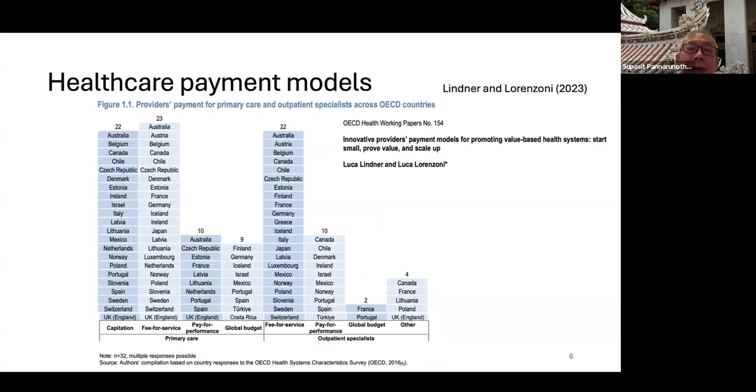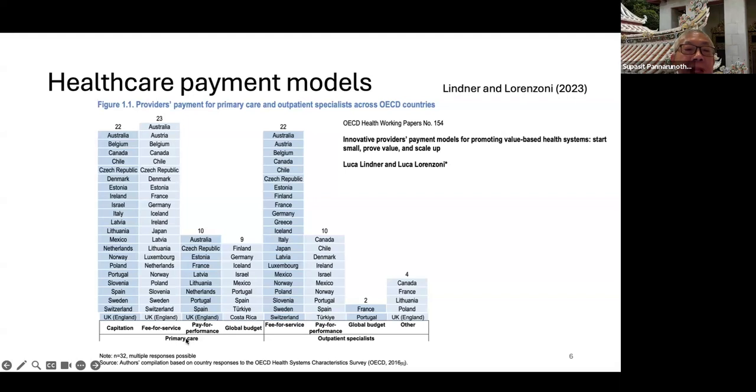As for the payment model, I take the materials from the latest OECD health working papers last year, 2023.